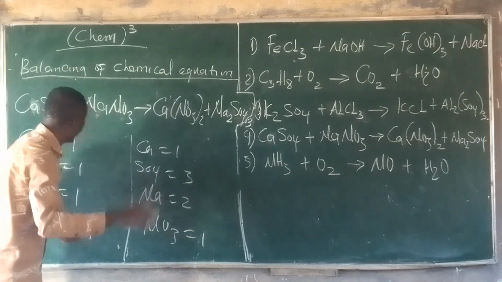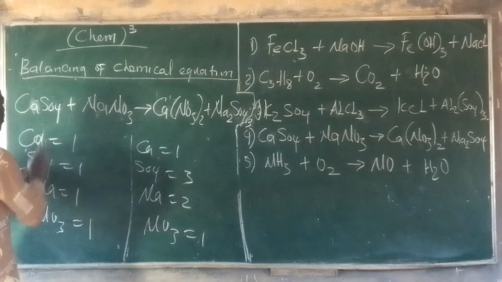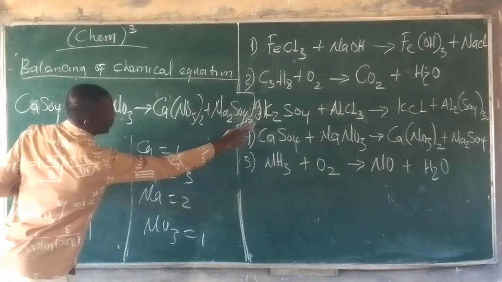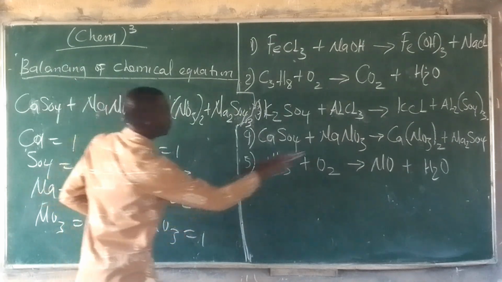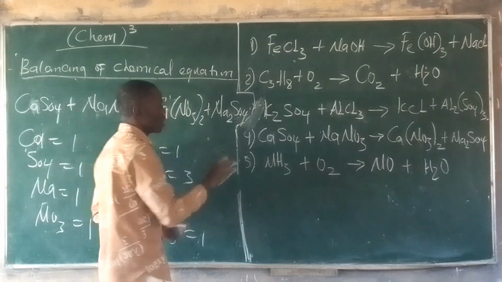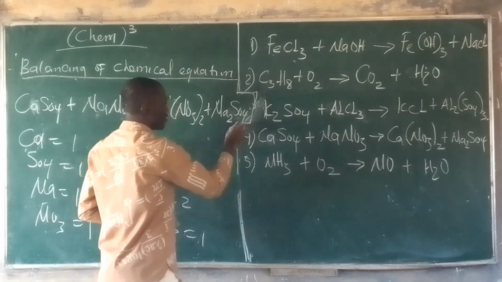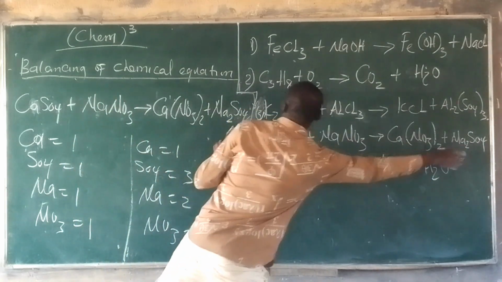Let's check what we have again. We have calcium 1, calcium 1, SO4 1, SO4 3. Alright? The SO4, what we have? This SO4 is not 3. This is a number. It is not 3. Okay? Remember, I'm trying to make a space from here. This is number 3. So there's no 3 here. Check from the equation. Okay?